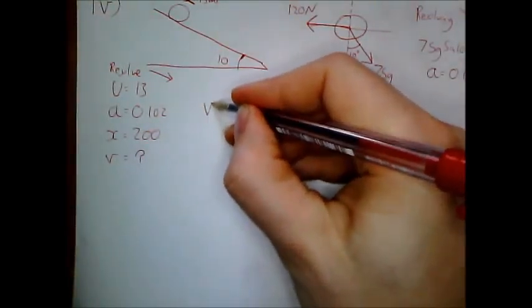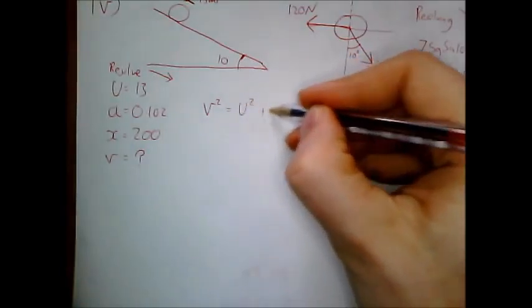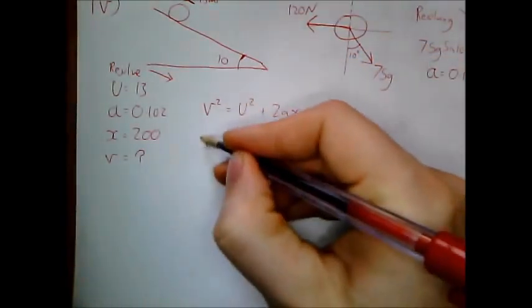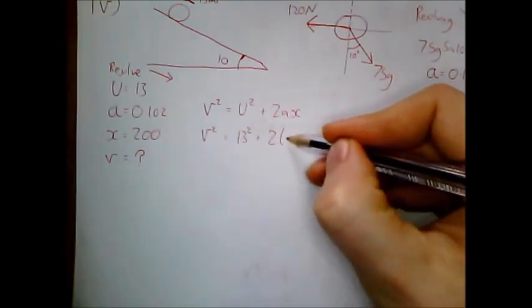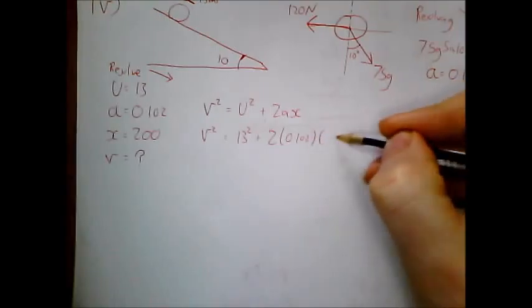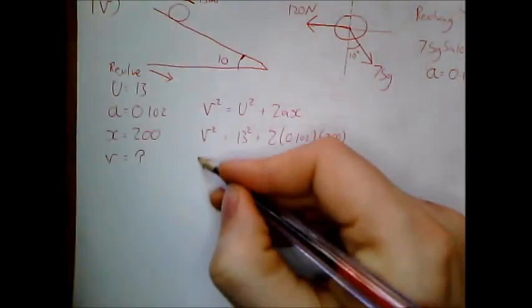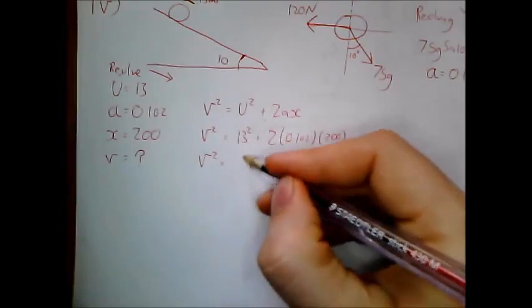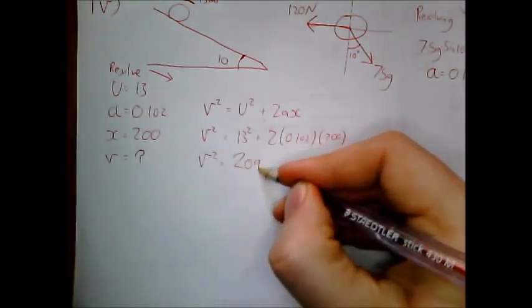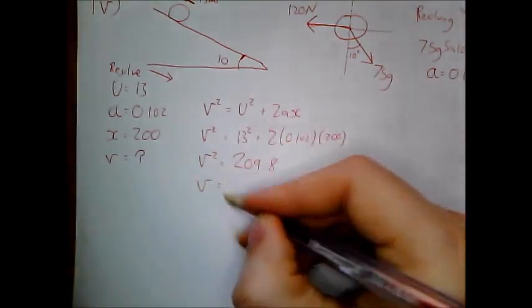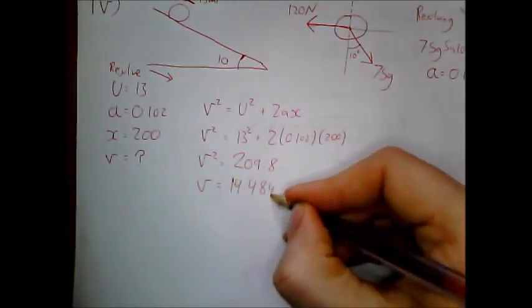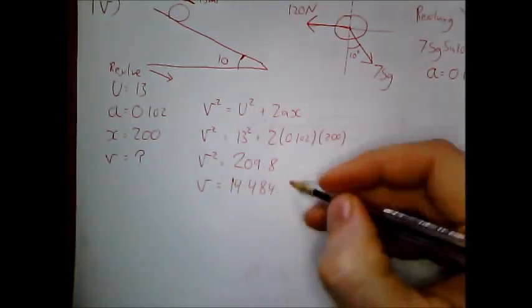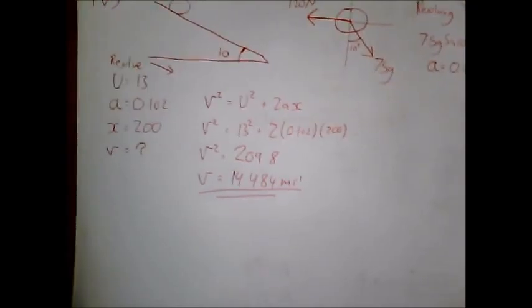So v squared equals u squared plus 2ax, v squared equals 13 squared plus 2 lots of 0.102 lots of 200. v squared should then be 209.8, so that gives us a final velocity of 14.484 meters per second. And that is job done for question 7.